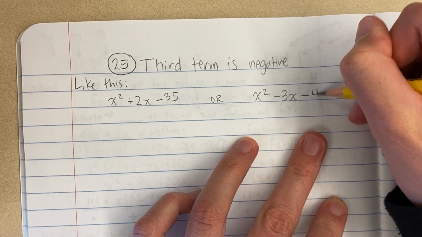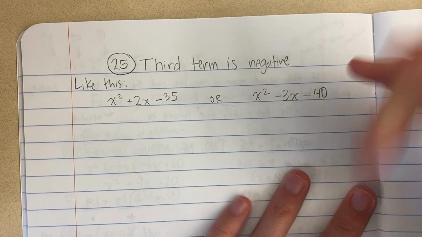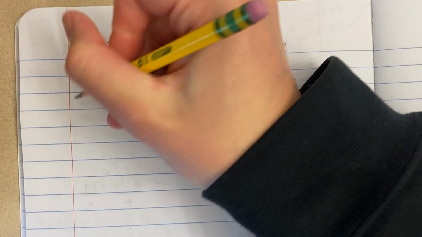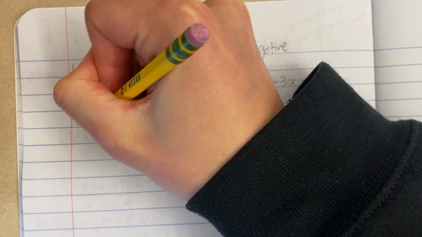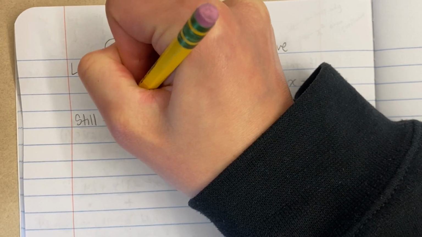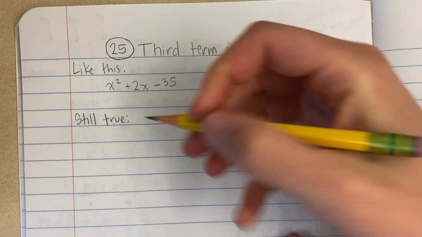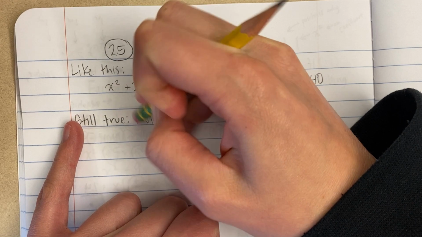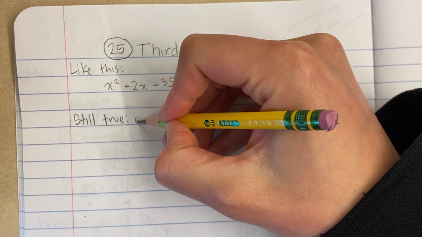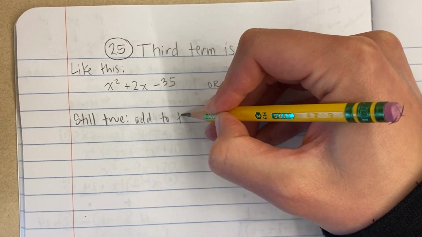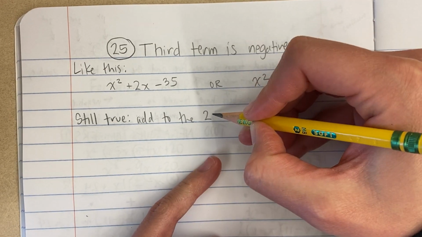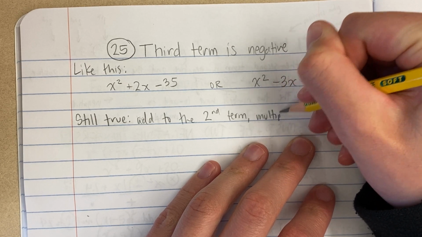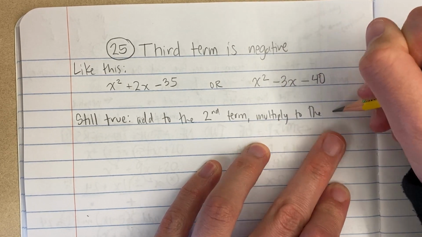But what's really important right now is that we observe that this third term is negative because it changes something. Because here's what's still true. We still have to add to the second term and multiply to the third term.